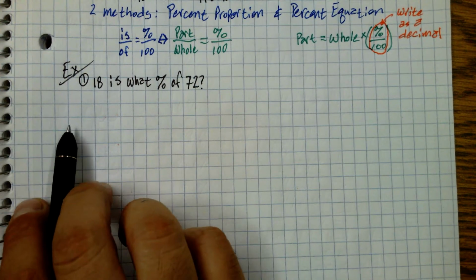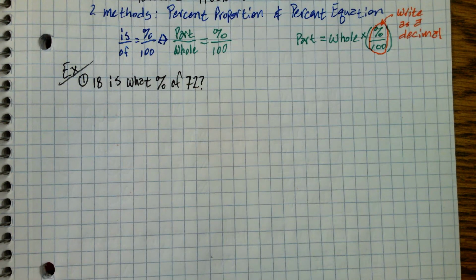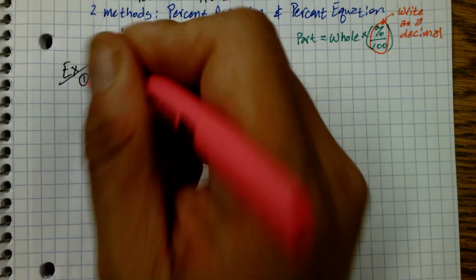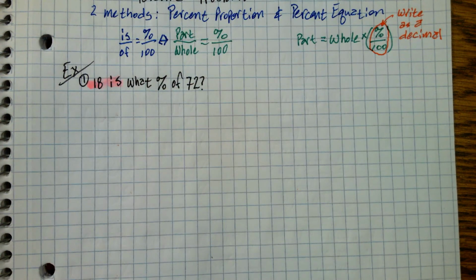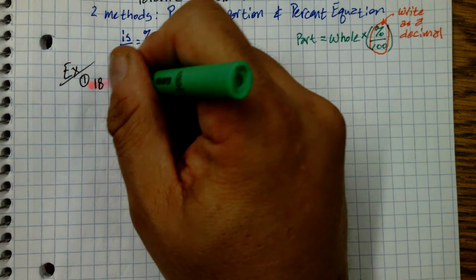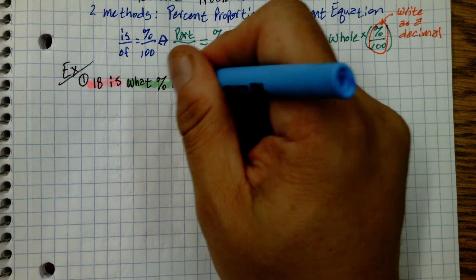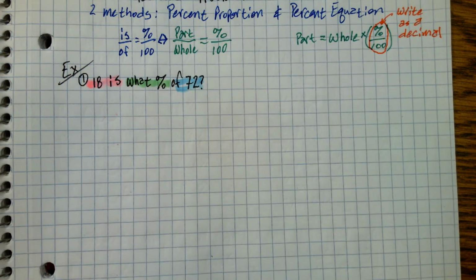So first method is percent proportion. And you want to look at a few things. We've got 18 is, then we have what percent, and then of 72. Do you see how "is over of" is going to be helpful in these?